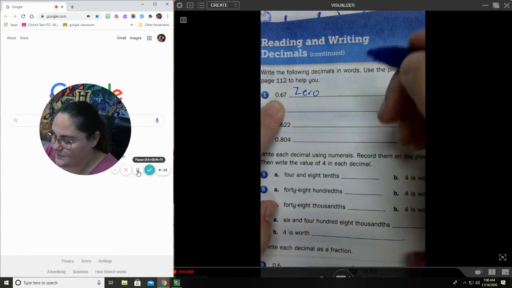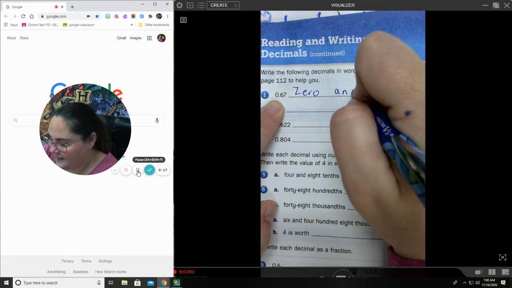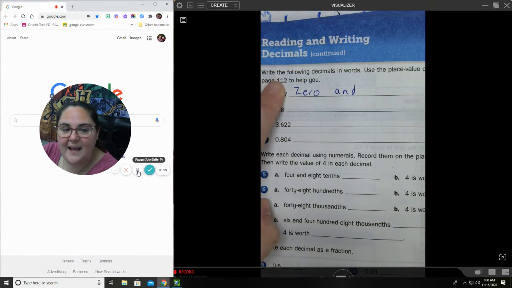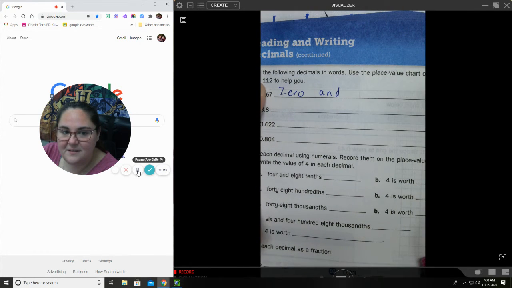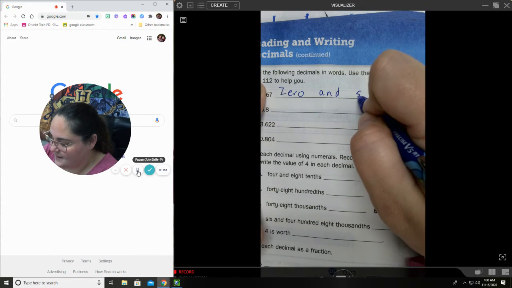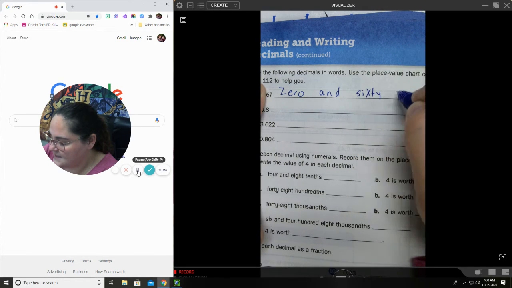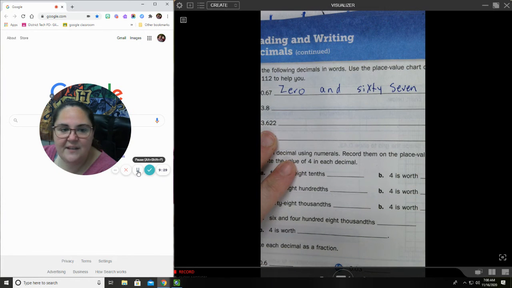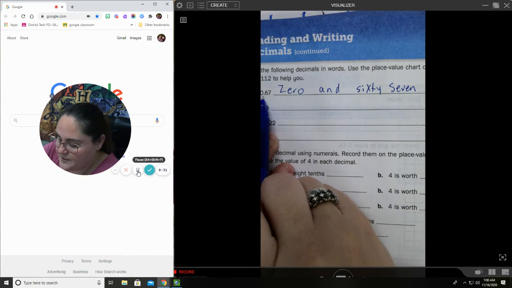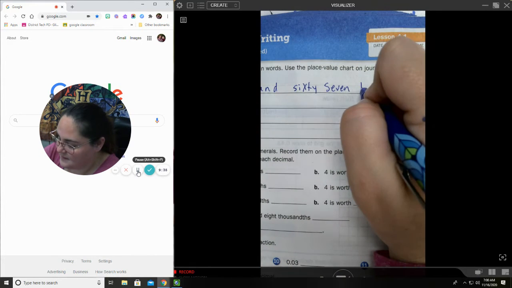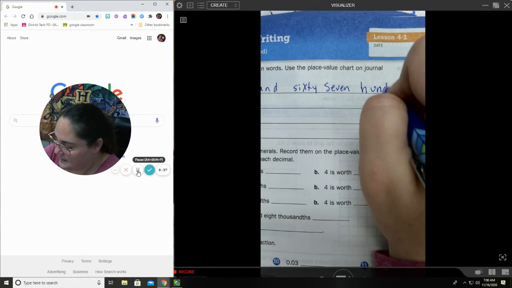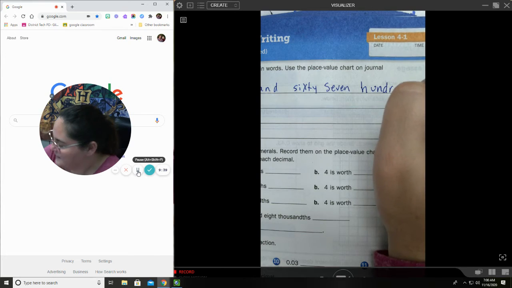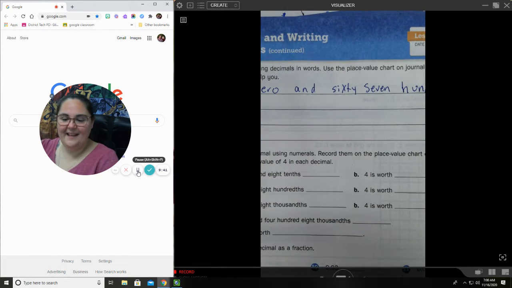What do I write for my decimal? And what do I have after the decimal? 67. And what place value is that 7 in? All right. Here's my decimal. Tenths, hundredths. That's how you're going to write that place value.